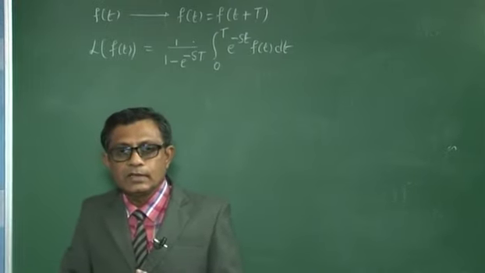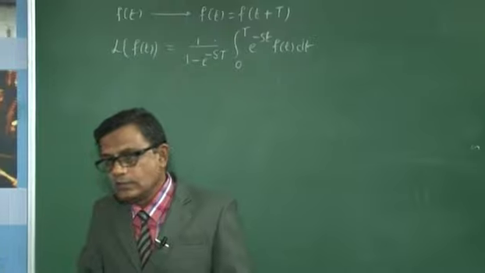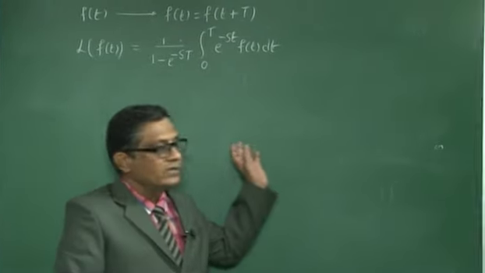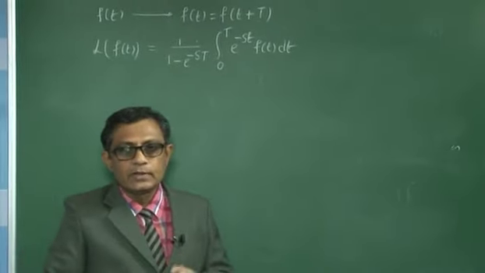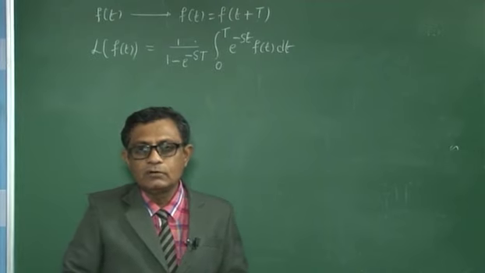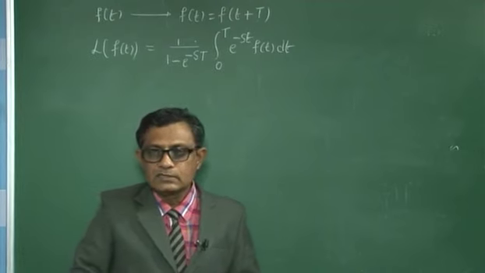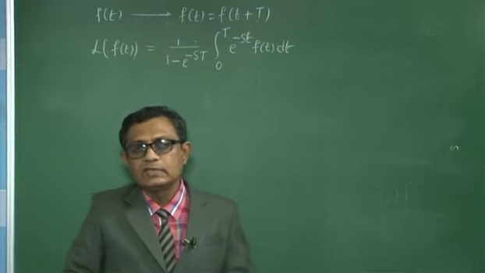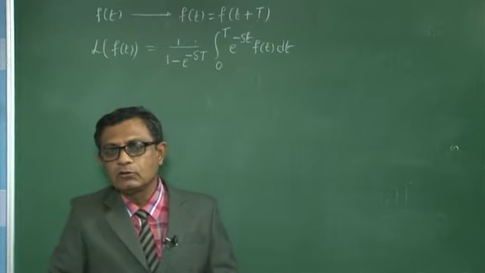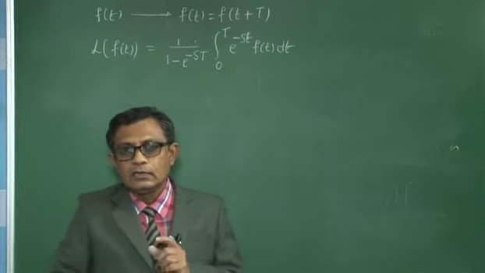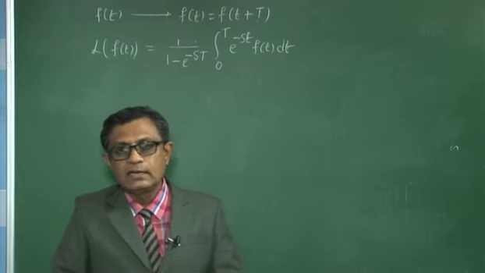We can prove this formula just by using the definition of Laplace transform, again by using the substitution u equal to t, u plus t, u plus 2t, u plus 3t and so on.